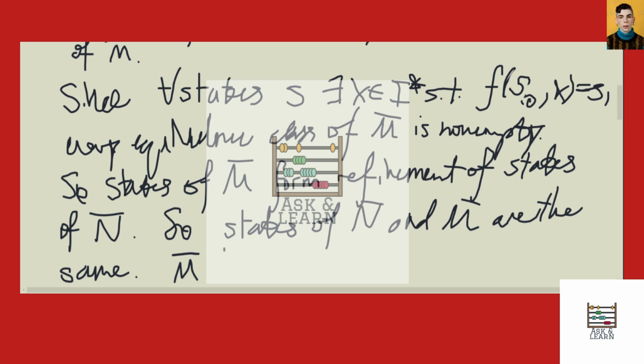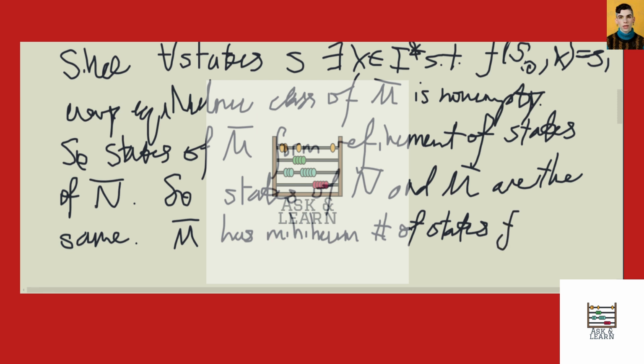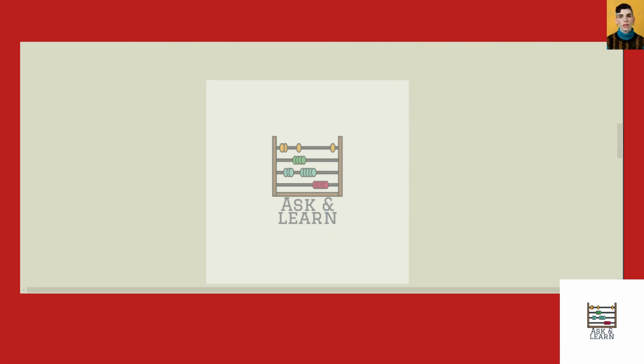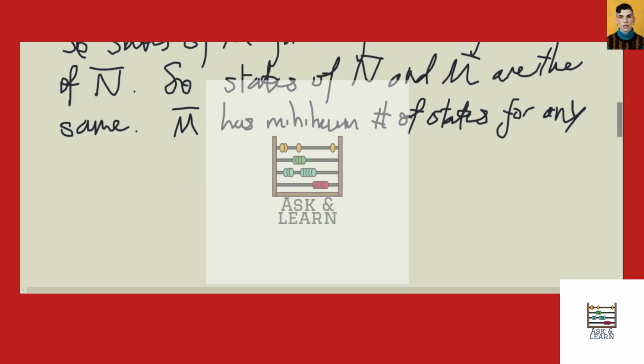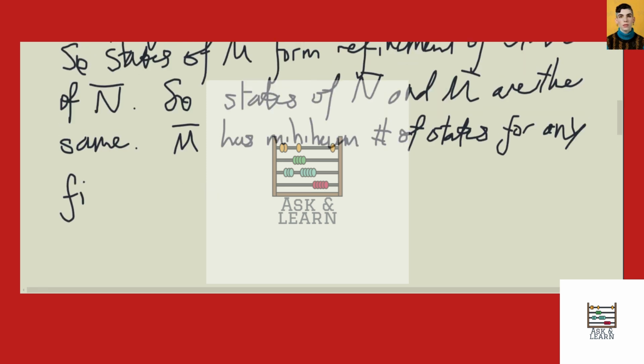Therefore, it follows that M bar has the minimum number of states for any finite automaton equivalent to M.